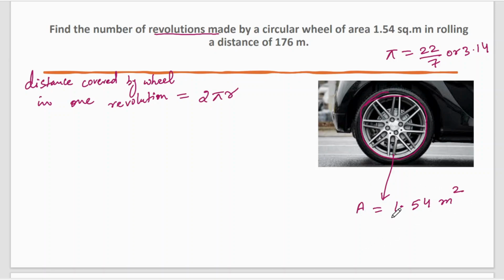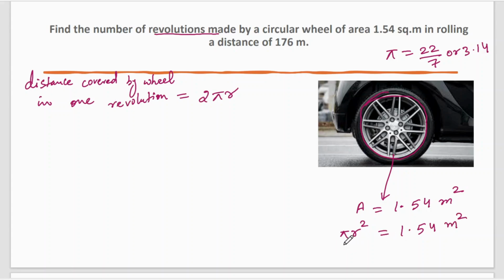Now we have been given the area of the wheel. So from the area of the wheel, we can calculate the radius. What is the formula for the area of the wheel or area of the circle? It is pi r square. The area of a circle is pi r square. That is given as 1.54 meter square.